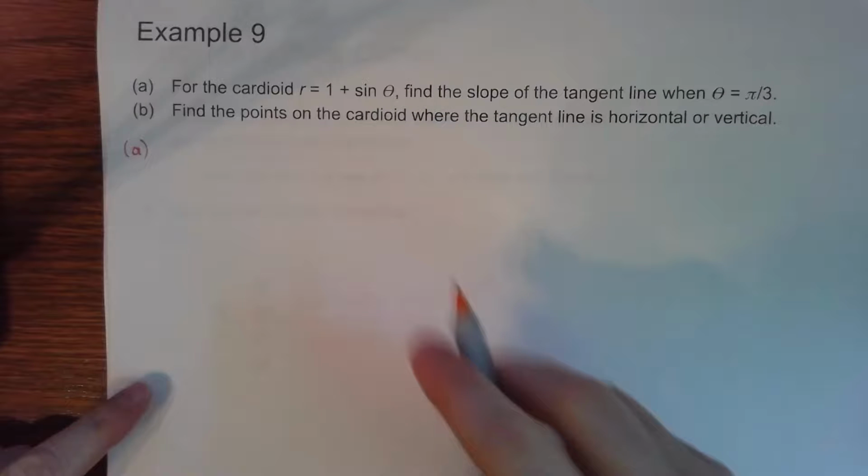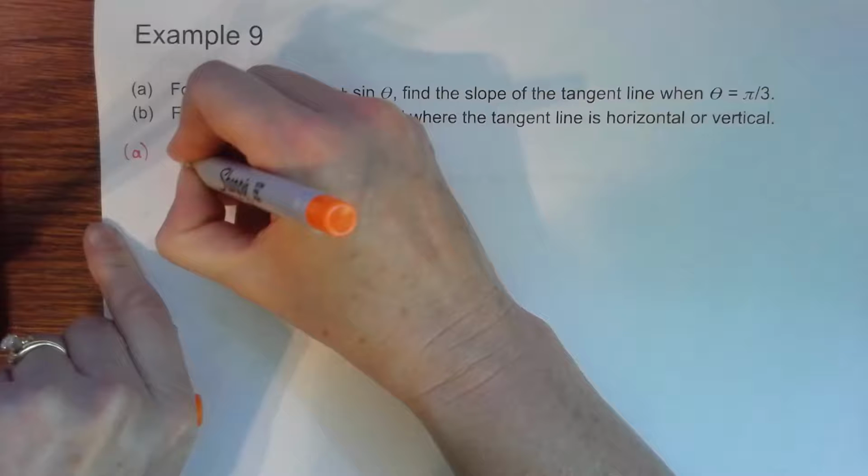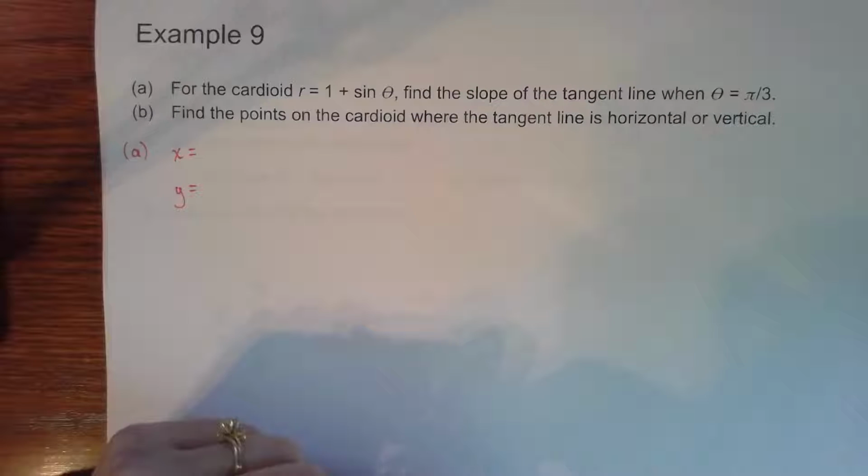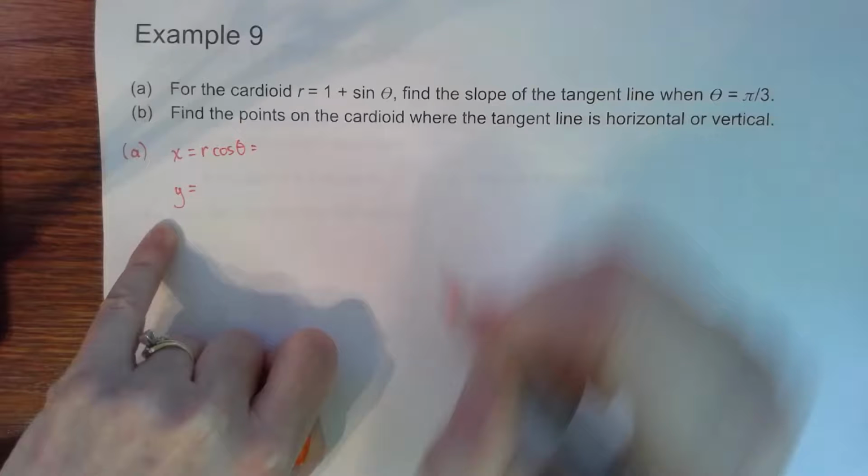by finding the slope of the tangent. Now this is our polar equation, but we want to convert that to a parametric equation, so we want to have an equation in terms of the parameter theta. Okay, so we know that x is going to be r cosine theta.